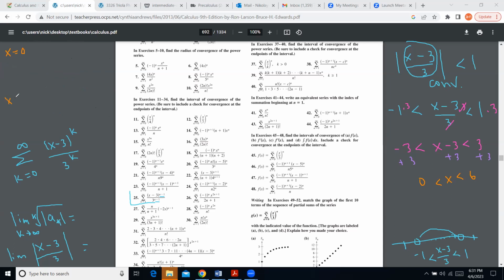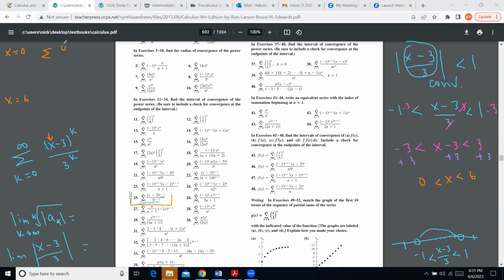Once you have those endpoints, we'll always replace x with those values and see what happens. You may ask, do you have to replace it in the original or in the one that's substituted? It doesn't matter to put k plus 1 or minus 1 or k, it's still the same series.